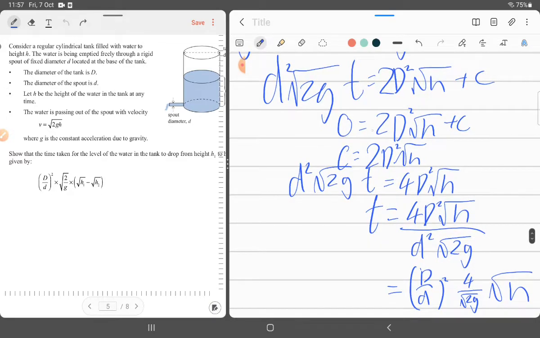Actually, if C is negative, then... but wait, no, that means C is... That means there's 0. Right.